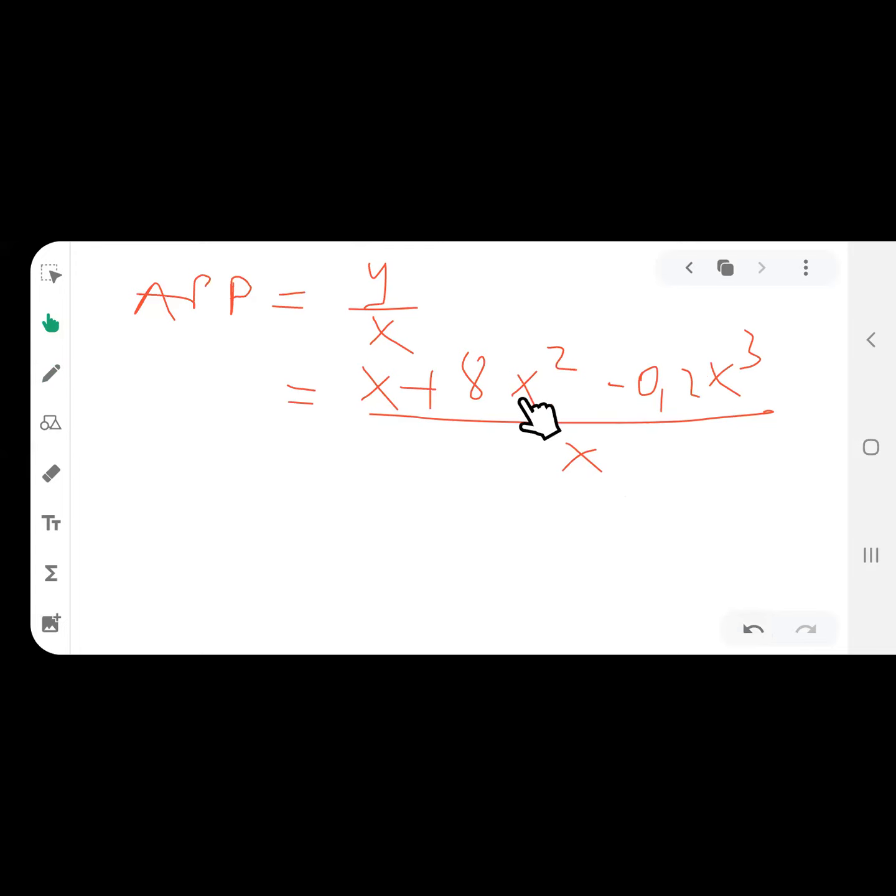This 8x squared is also divided by x. We can separate them. This one is also divided by x. So you know the laws of exponents: if the bases are the same, you write one base and subtract the exponents, right? So even here, you write one base, which will be 8x, and then you subtract the exponents, 2 minus 1, you will get 1. So you end up having 8x. Then you come here and do the same: negative 0.2x, you write only one x and subtract the exponents, 3 minus 1. Do you understand?